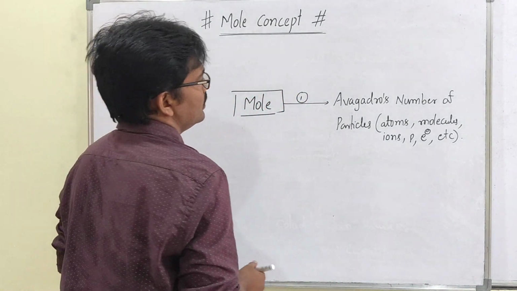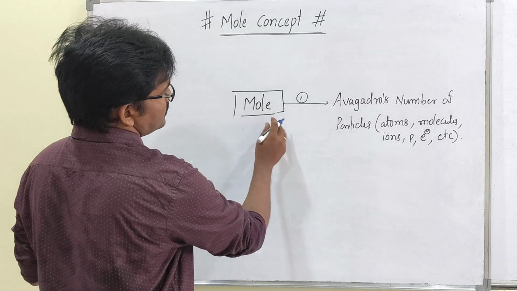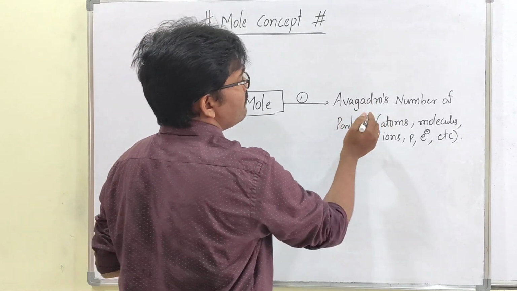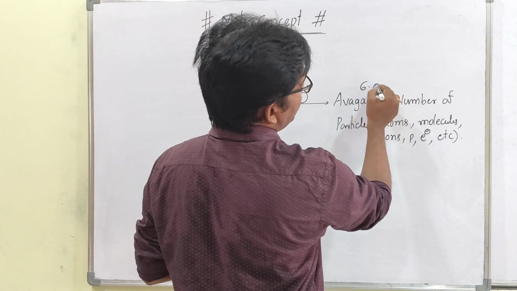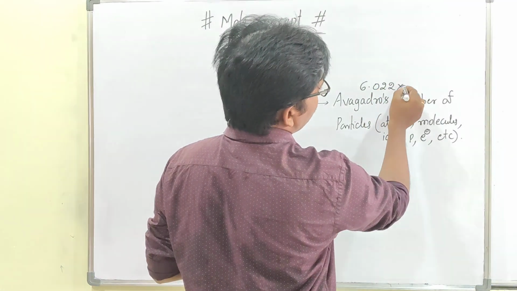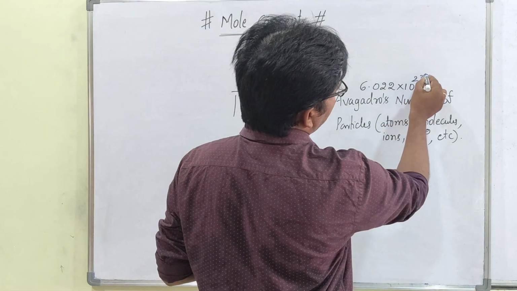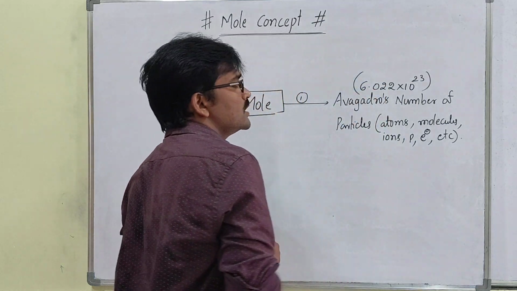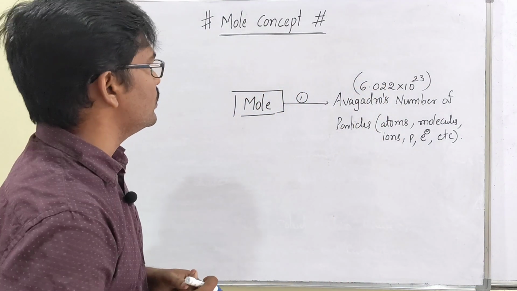Clear, my dear students? So what is the Avogadro number actually? It is 6.022 into 10 to the power of 23.